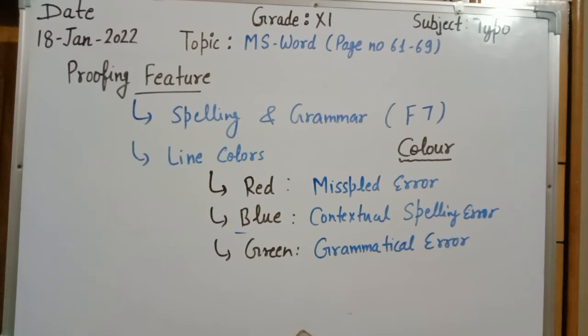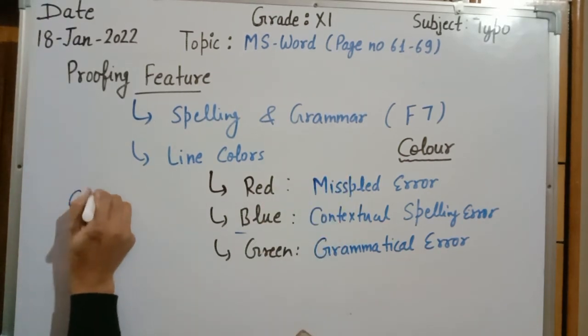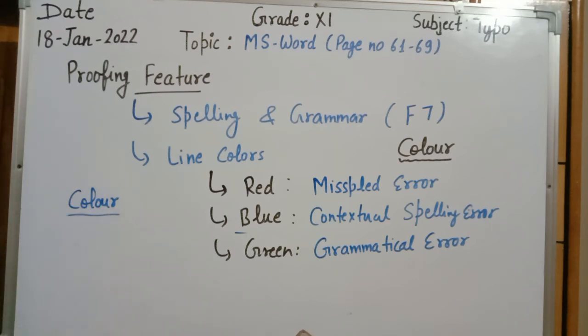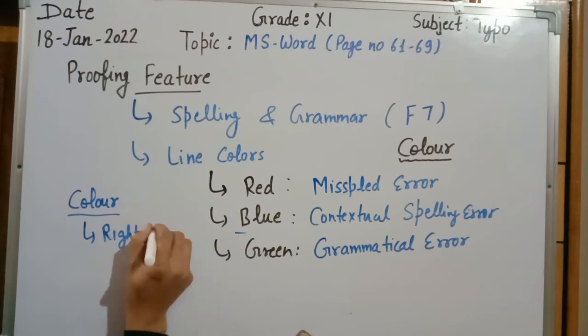How to perform the grammar check option? Just suppose spelling is the problem. Go to the word colour, select the specific word, and press right click. First step is to press right click.